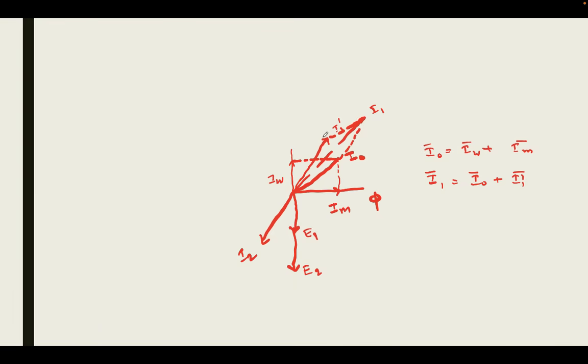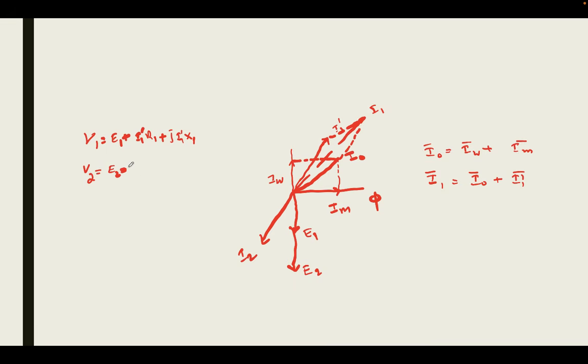Now, considering this phasor diagram, we have to find out V1 and V2. We know V1 is what? E1 plus I1 dash R1 plus j I1 dash X1. V2 is what?